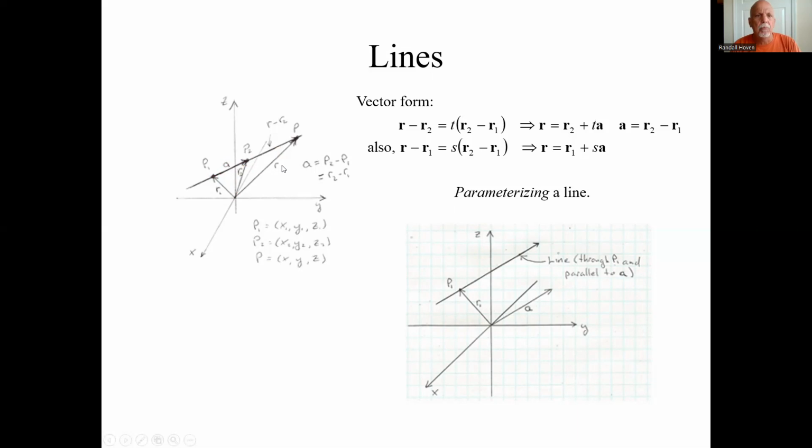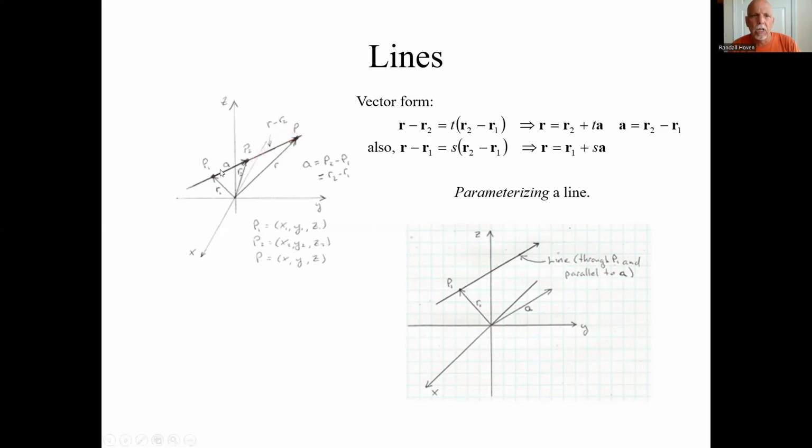Any other point on that line, I could describe with a position vector R without a subscript. How would it be? R minus R2 would be this little vector from P sub 2 to P. And they are parallel.